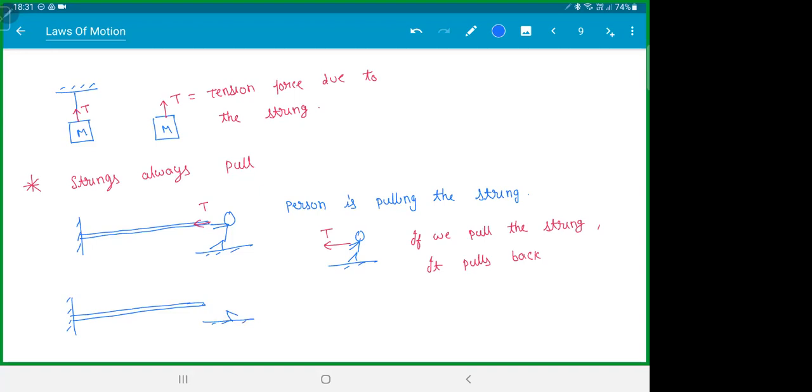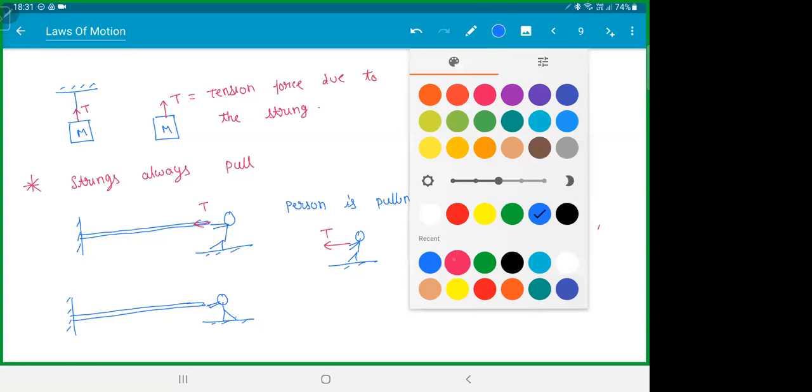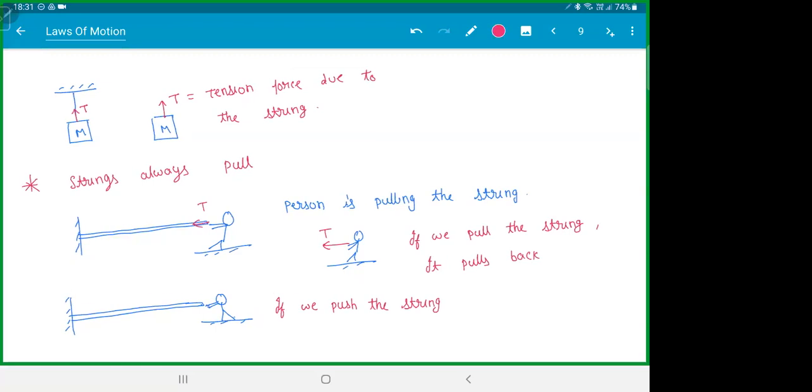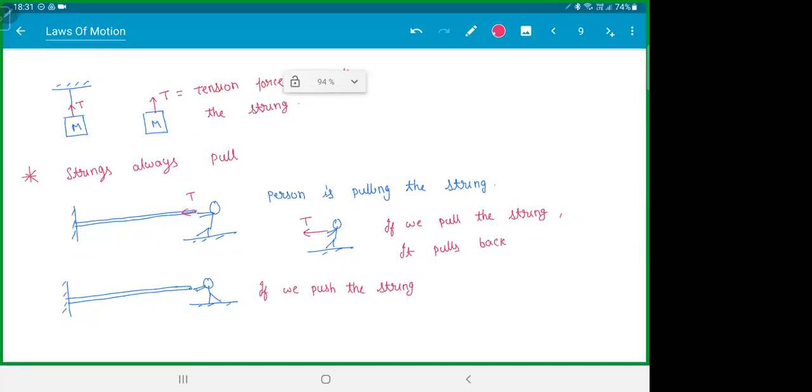The same thing if this person tries to push. And I'm drawing a little weirdly. How should I show that case, pushing hard? There. If the person is pushing, the moment we push, the string becomes loose actually.